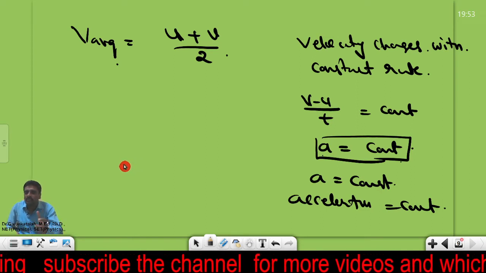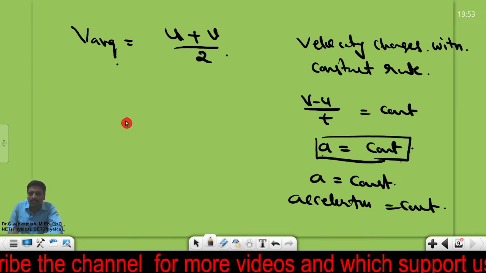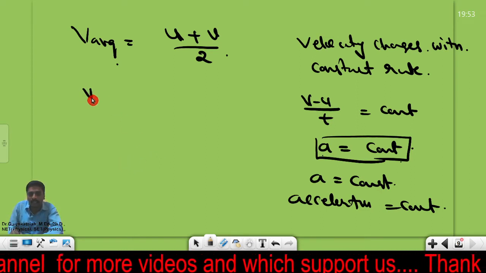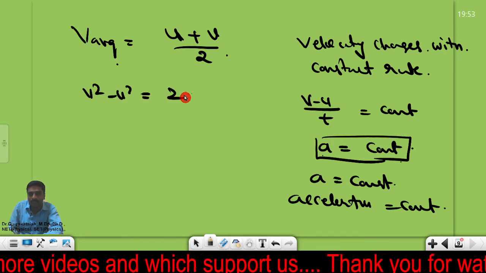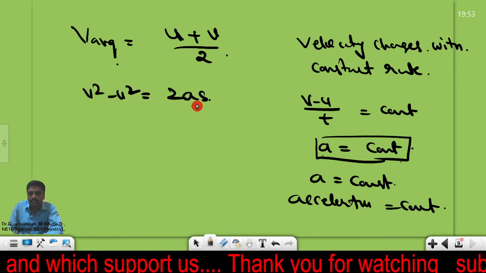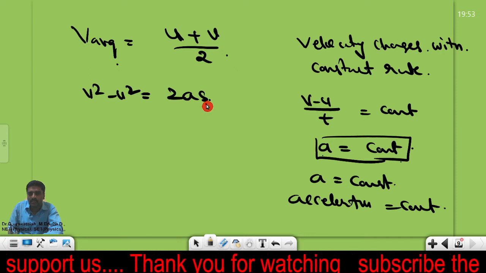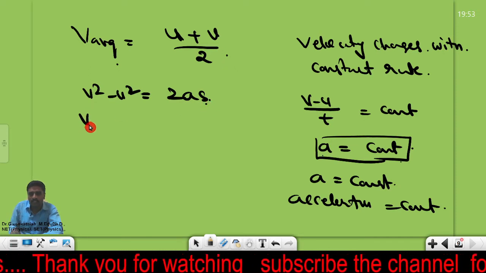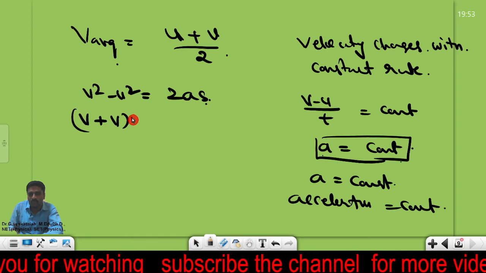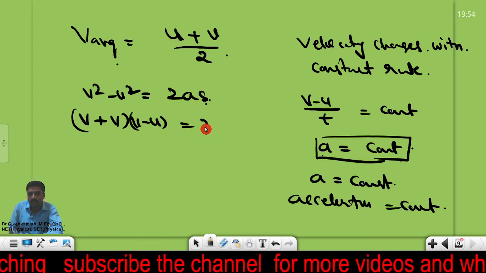If the body is under constant acceleration, we can use the kinematic equation v square minus u square is equal to 2as, where a is the acceleration and s is the displacement of the object. This can be written as (v plus u) into (v minus u) is equal to 2as.